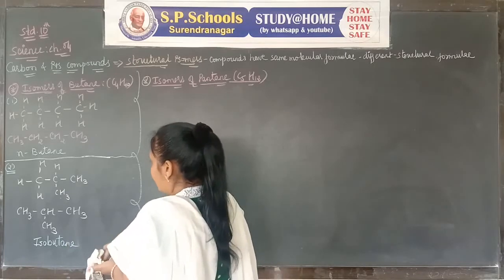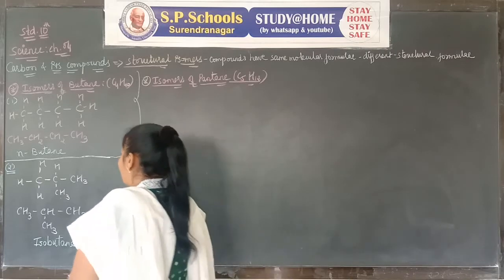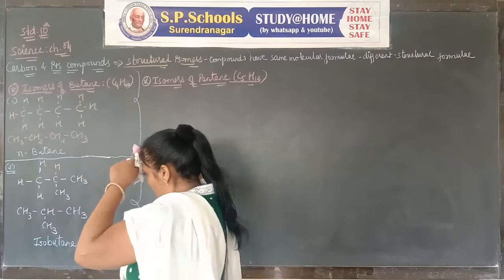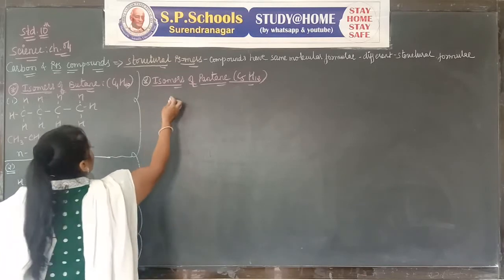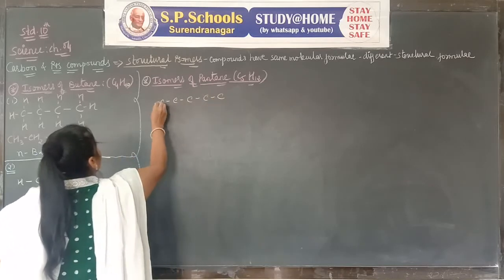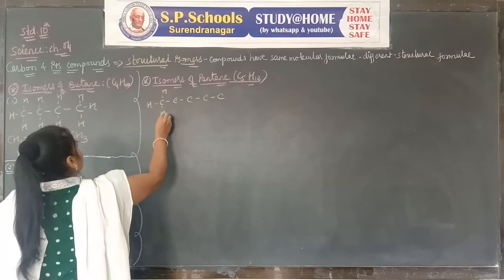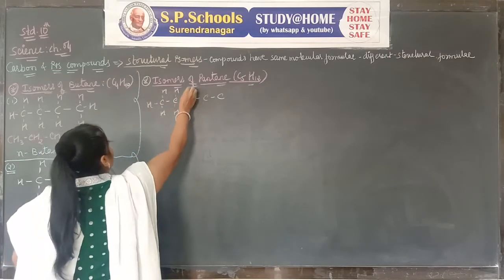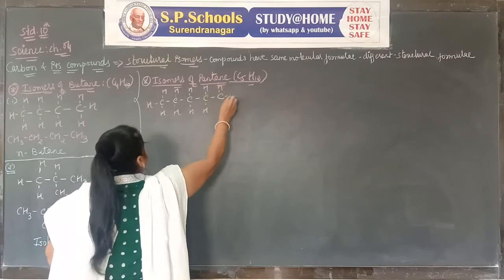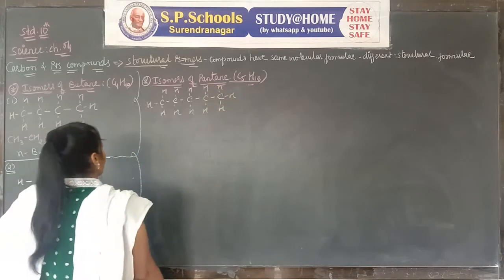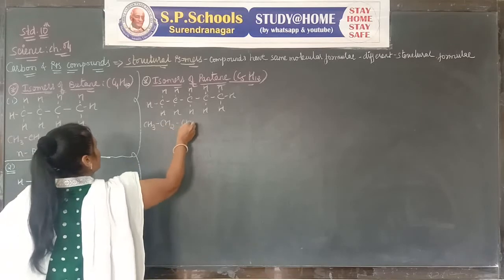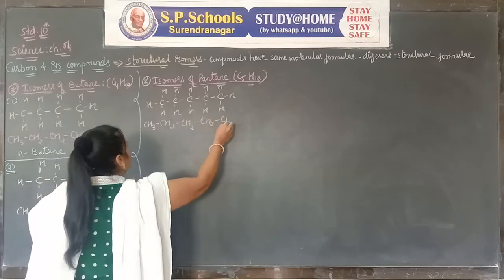So let's go with the first. First we start with normal pentane, so we write the structure for it: C5, 1, 2, 3, 4, 5, we add hydrogen. We write it CH3, CH2, CH2, CH2, CH3.